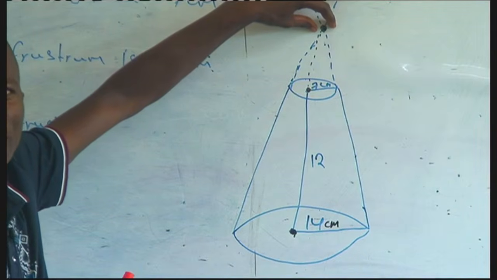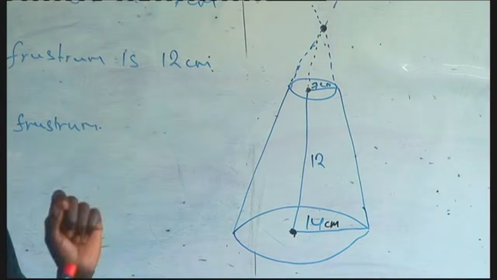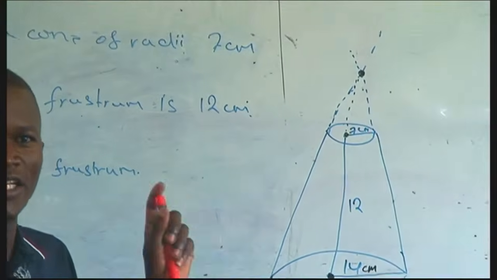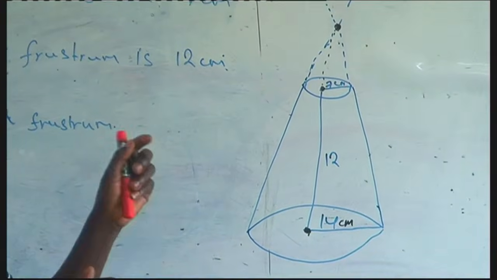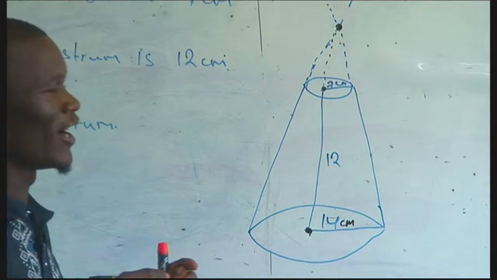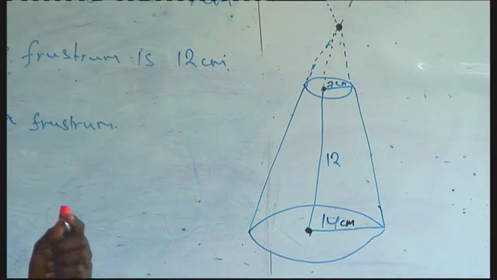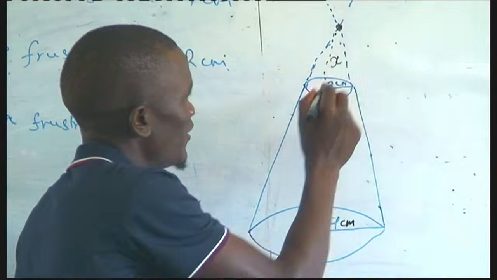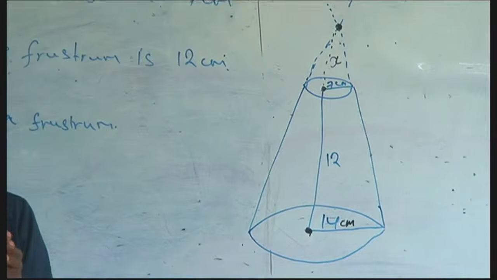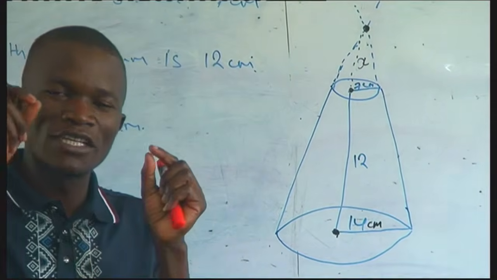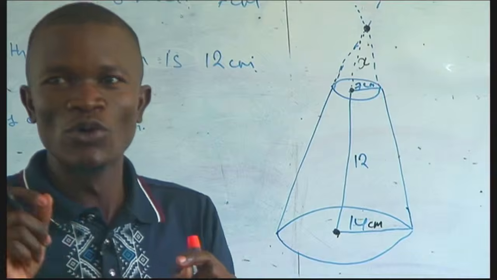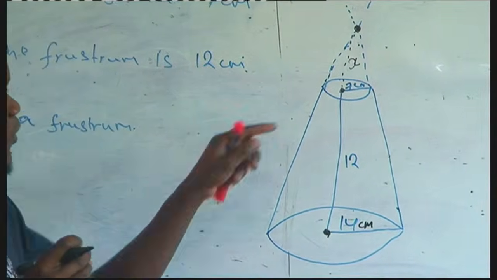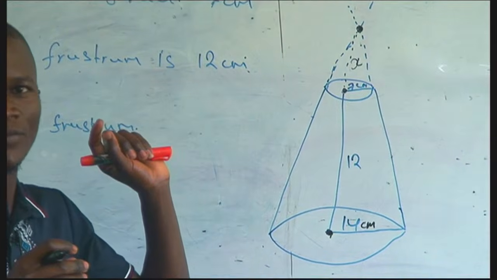Use any letter of your own choice to represent that height. I know you are well familiar with the letter X. Assume this is our X. X represents a value whose magnitude we don't know, so we represent it by a letter.